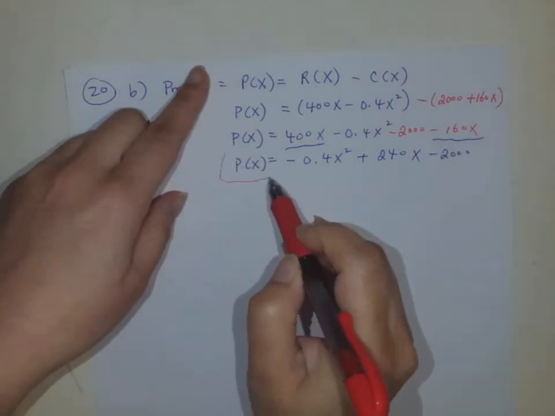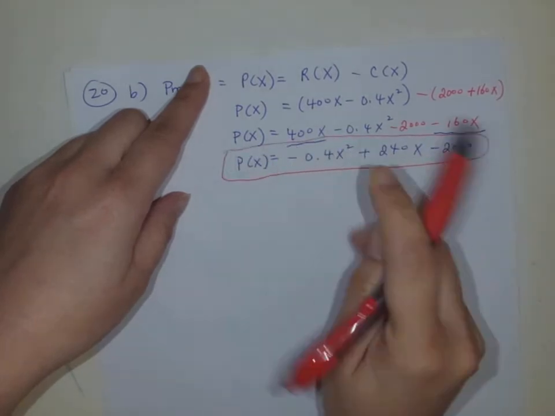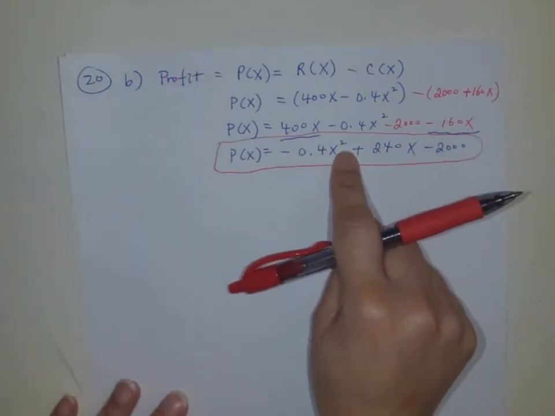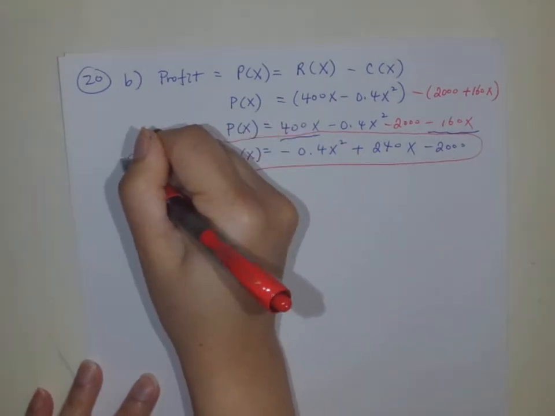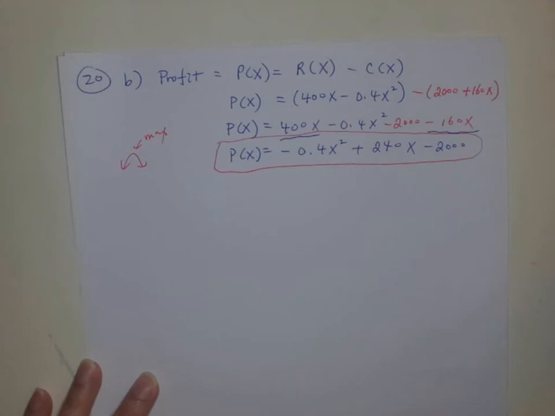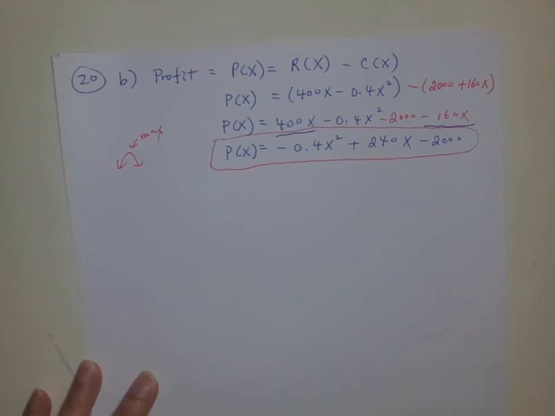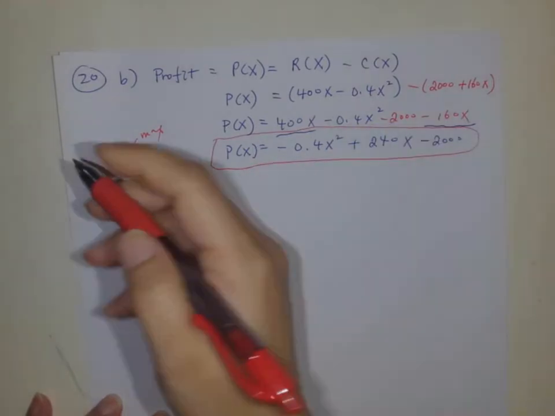If you know the end behavior, this is just a regular parabola, x squared, and a is negative, meaning it's going to open downward, right? Pretty sure you have a maximum. But we're going to use the derivative, so let's do the first derivative test.